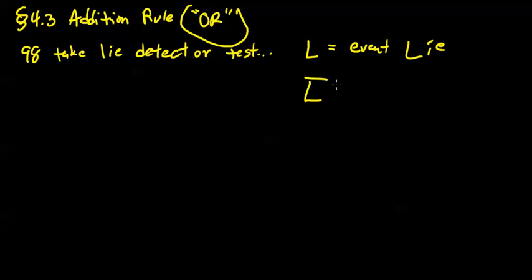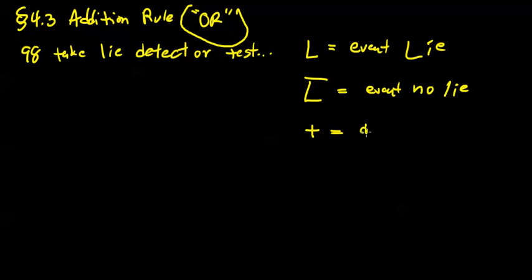I'm going to let not L, or the complement of L, be the event, I'll just say, no lie. I'll let plus be the event of a positive lie detector test, in other words, the event that the machine detected a lie.